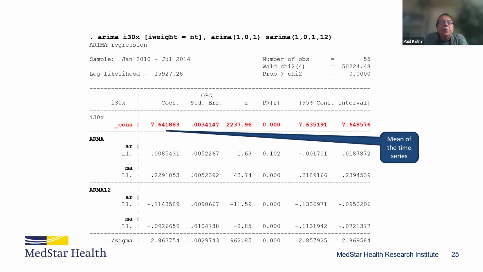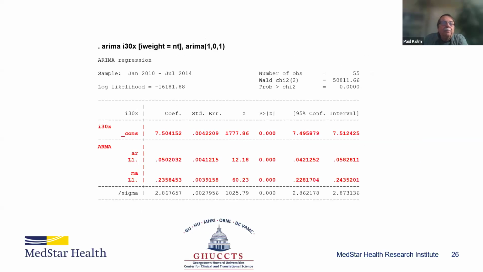And so we're going to do several models here. And so here is the one without the seasonal component. You see here that we have the same mean of the time series. And here now we have the autoregressive.